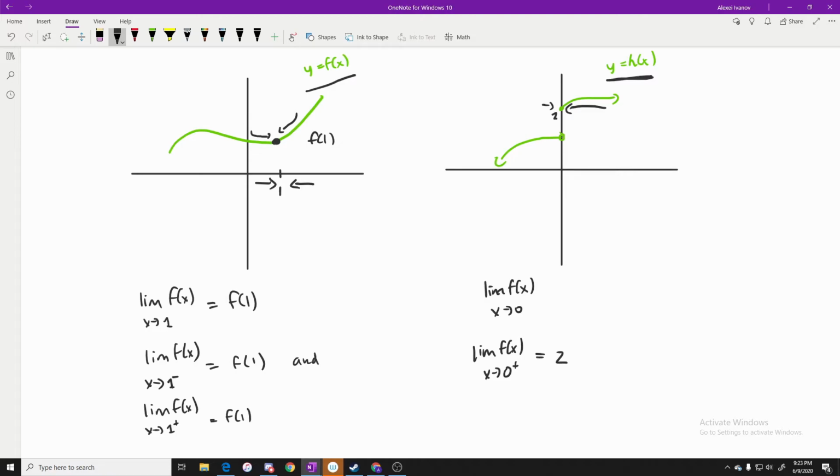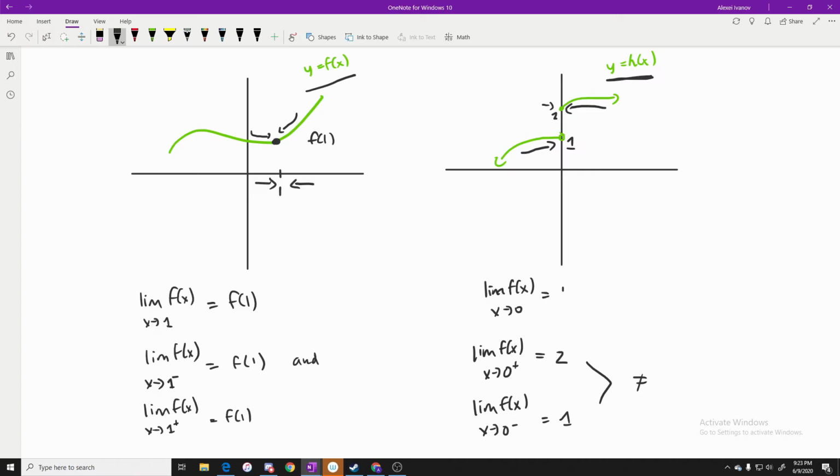But now if we examine this same function and approach 0 from the left-hand side, we can see that it's approaching, let's say, 1. So the limit of the function as x approaches 0 from the left-hand side is equal to 1. And we can see that these two limits are not equal.